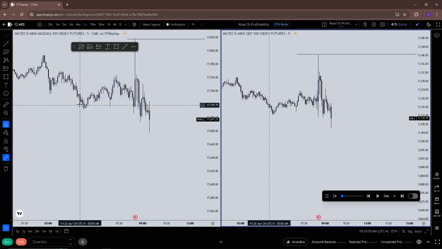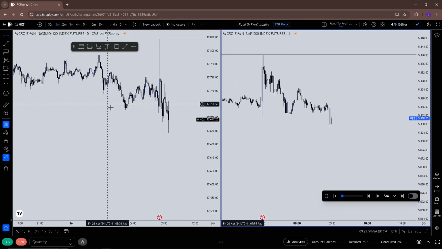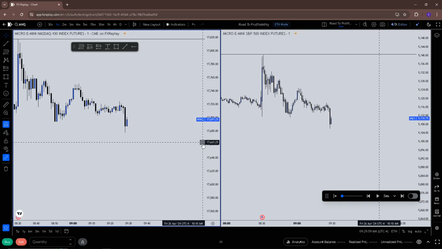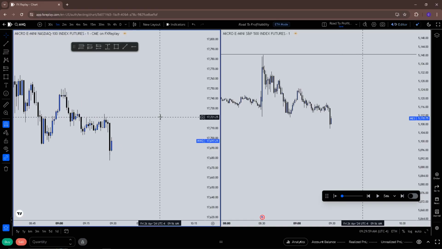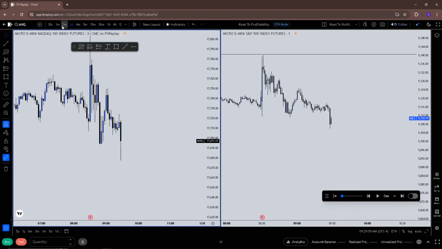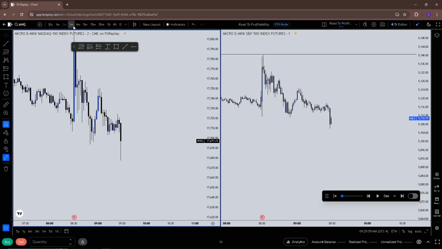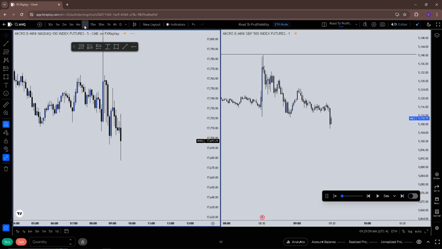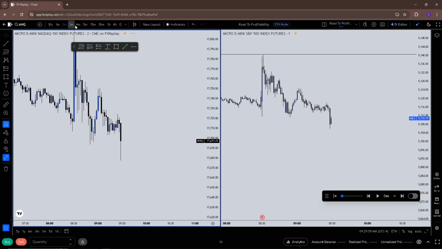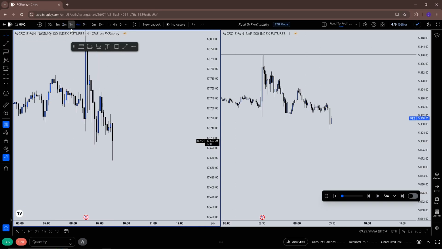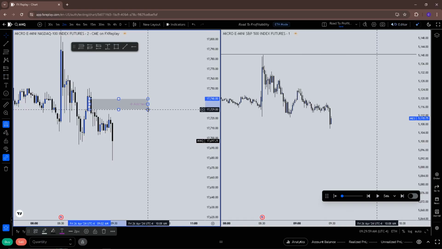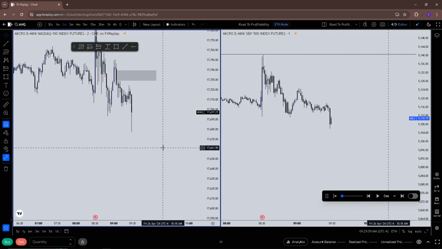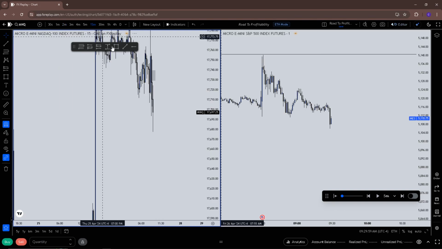Price is not giving us much structure. Highest time frame, this 2-minute. I'd like us targeting data highs.